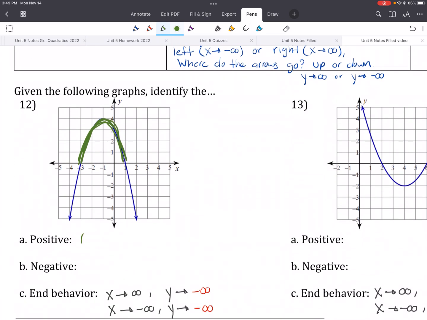So this would go from -3 to 1. Okay, and then negative y values would be all of this and all of this. So it would go from -infinity all the way to -3. So -infinity to -3. And then we would also do the other side.